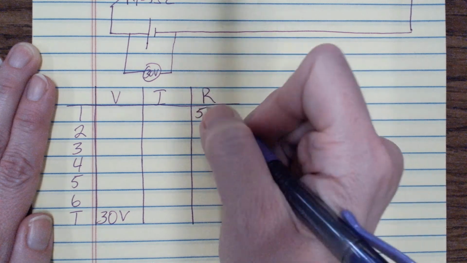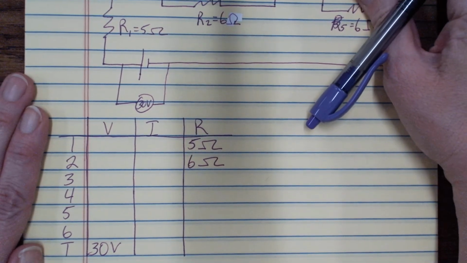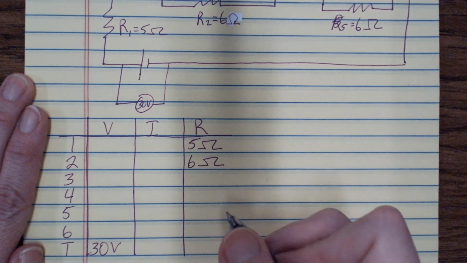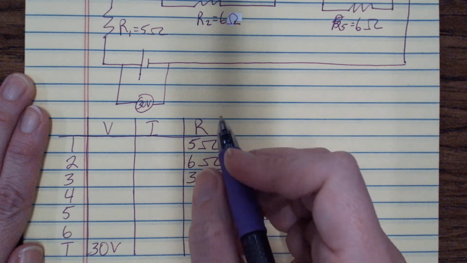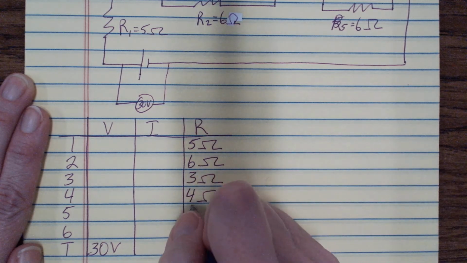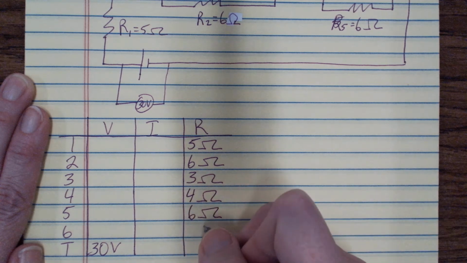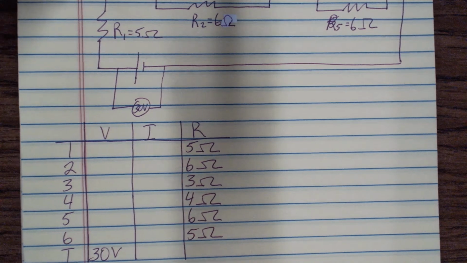Resistor number 2 is 6 ohms. I can't show you the whole thing with the table, sorry. Resistor number 3 is 3 ohms. Resistor number 4 is 4 ohms. Resistor number 5 is 6 ohms. And resistor number 6 is 5 ohms. Okay.